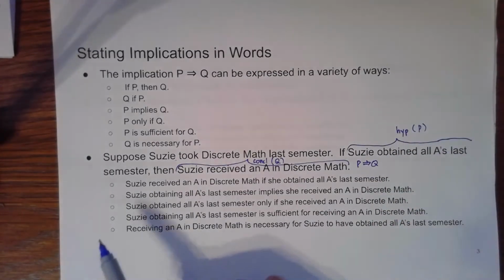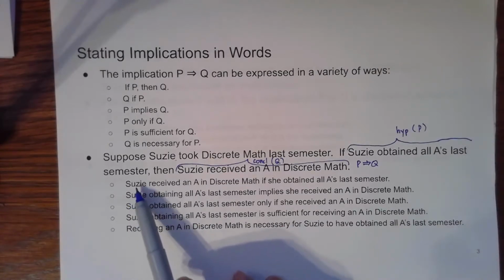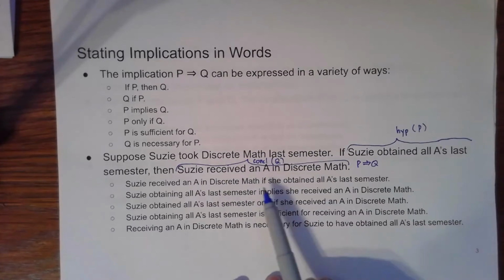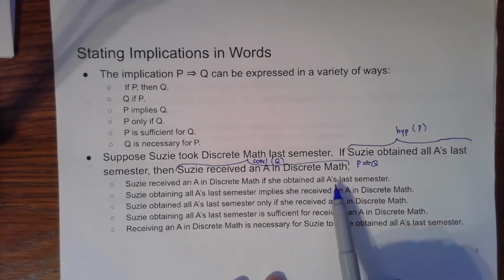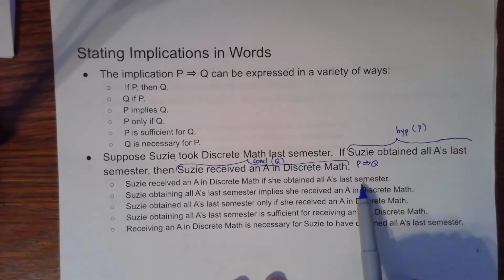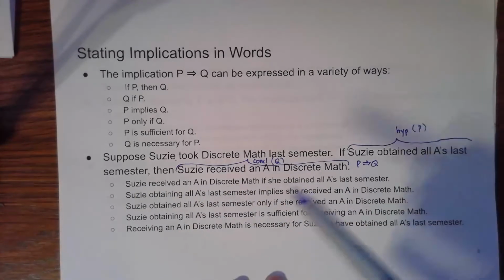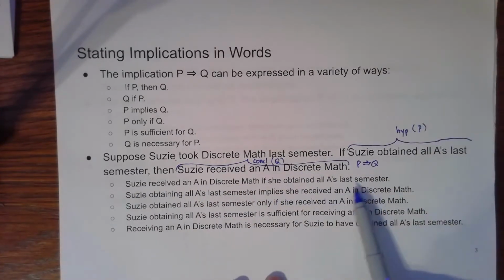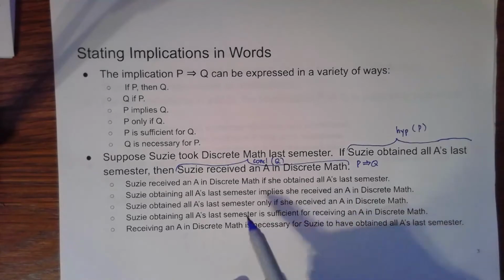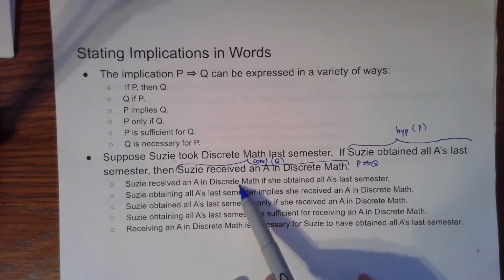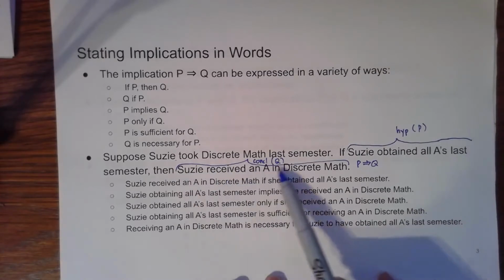Okay, so we could say Susie received an A in discrete math if she obtained all A's last semester. Certainly Susie received an A in discrete math if we know that she obtained all A's. One of those A's certainly had to be in discrete math. So let's look at how this is arranged. Susie received an A in discrete math, that's this part right here.